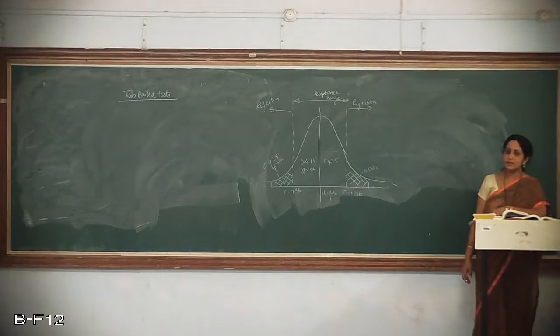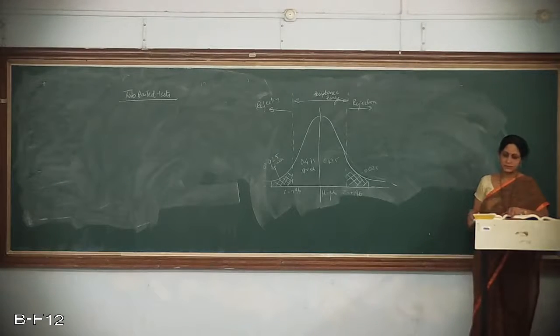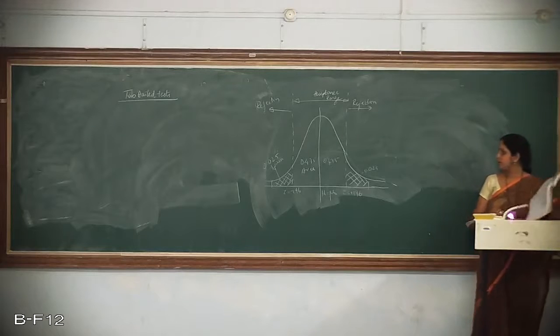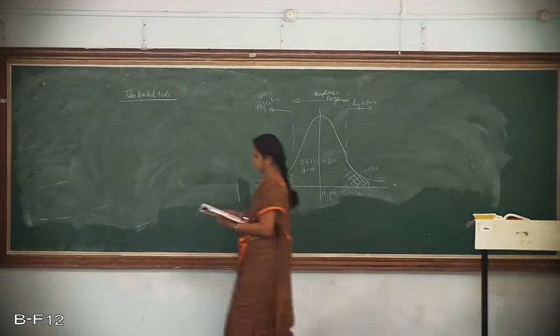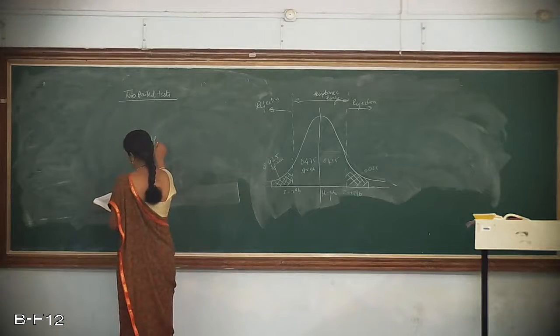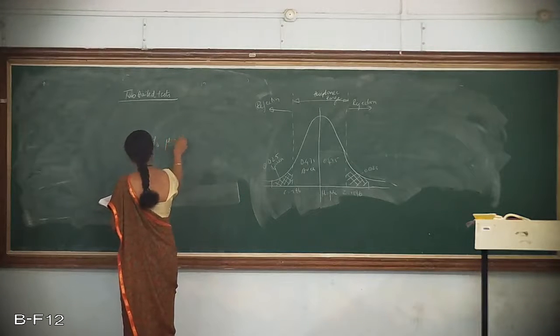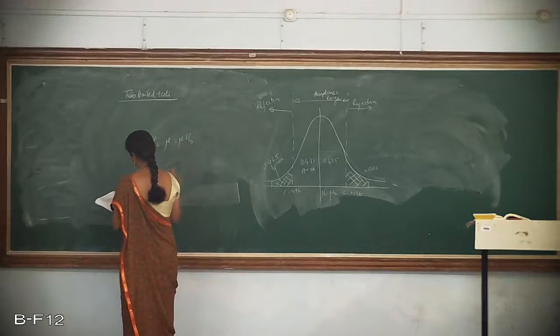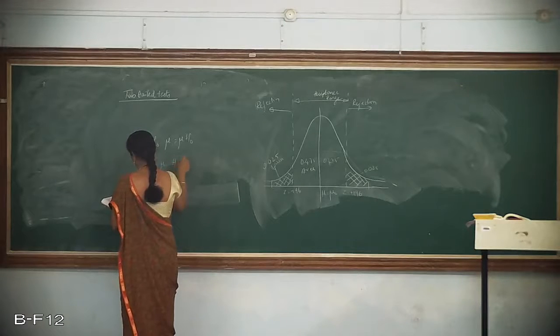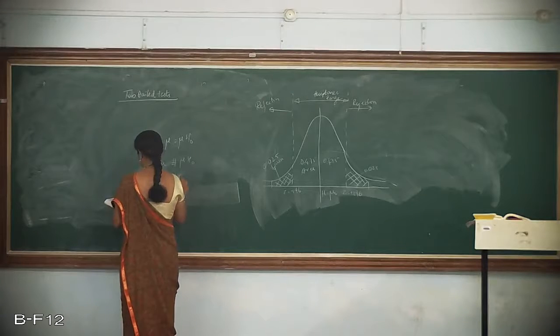Symbolically it can be written as H naught: mu is equal to mu naught, and HA: mu is not equal to mu naught, which may mean mu is greater than mu naught or mu is less than mu naught.